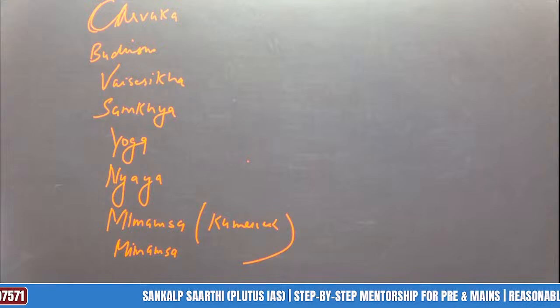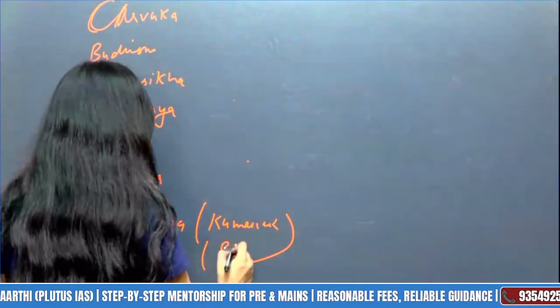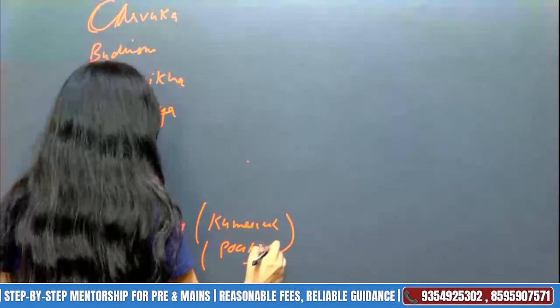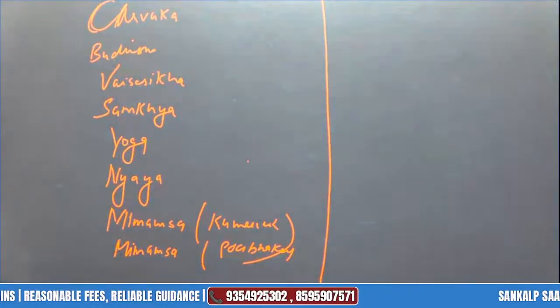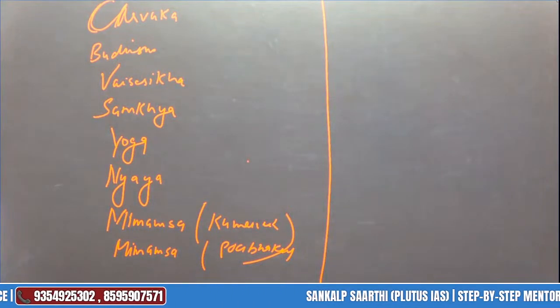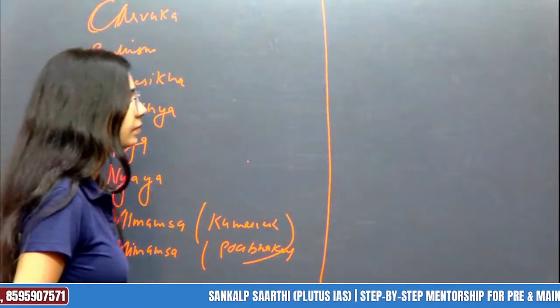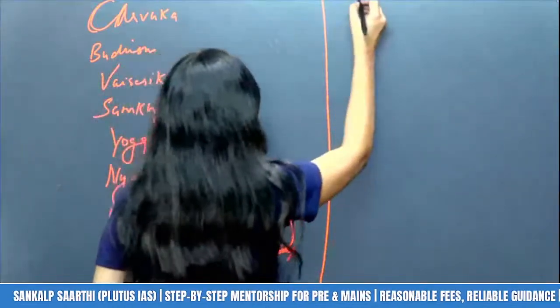So, how many means of knowledge are accepted? One, right?